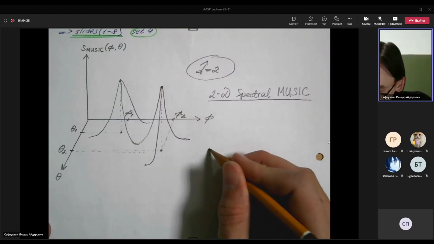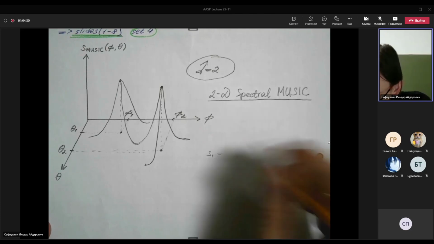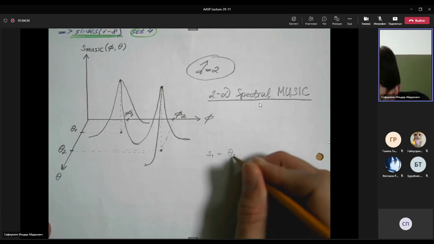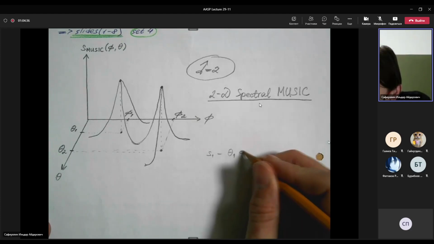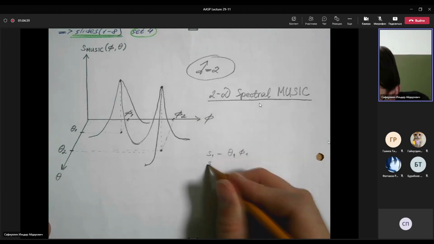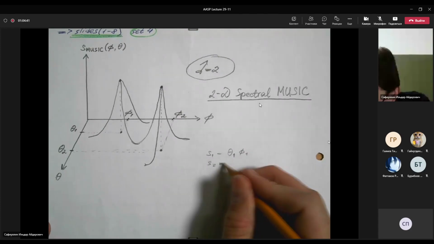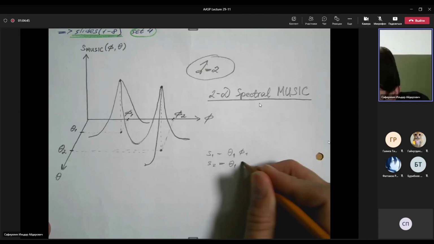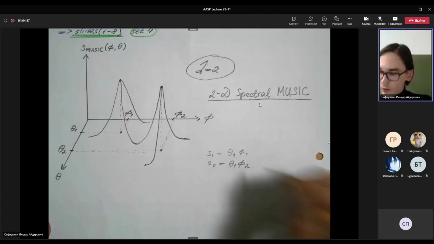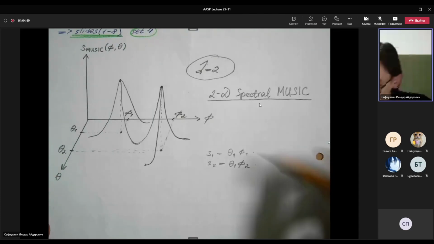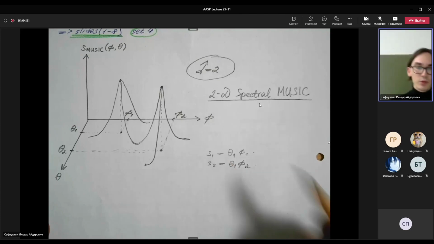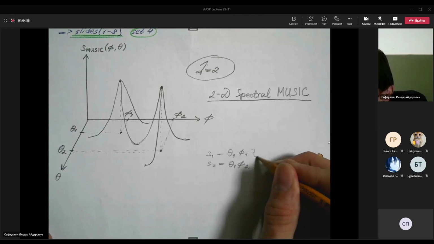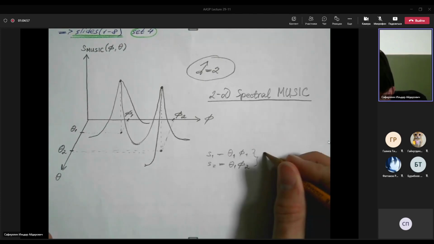For example, S1 has theta 1 and phi 1, and S2 has the same theta 1 but phi 2. And we can distinguish these two using the ESPRIT algorithm. So, unitary ESPRIT.